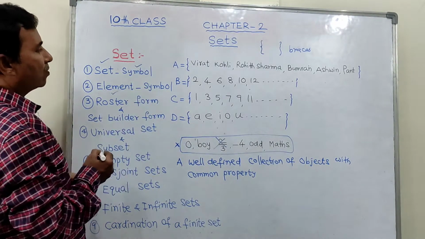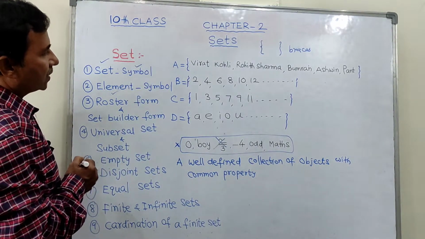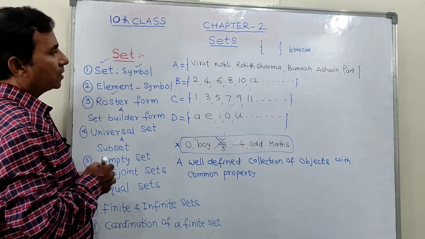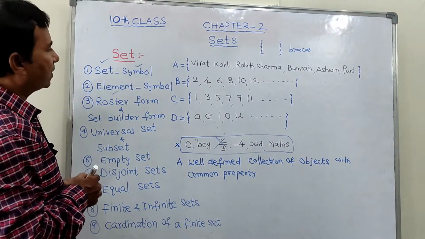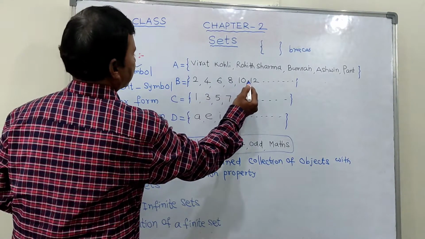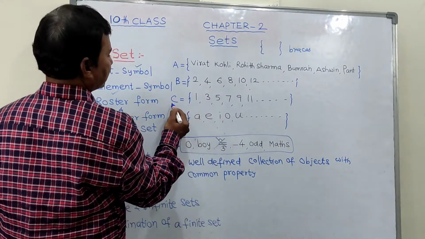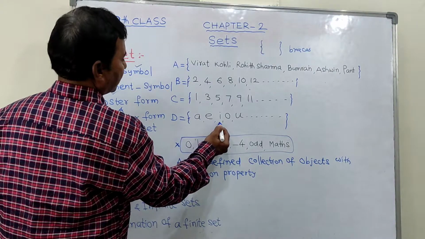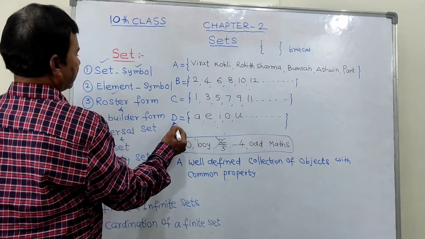In the second example, 2, 4, 6, 8, 10, 12, all these are called elements of the set B. This is the set, these are the elements. Here also elements and this is the set.